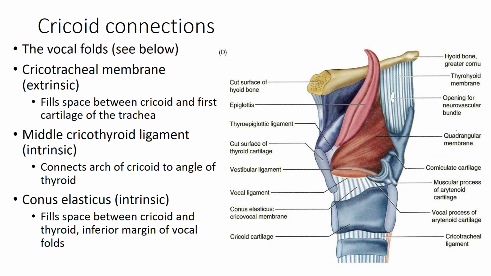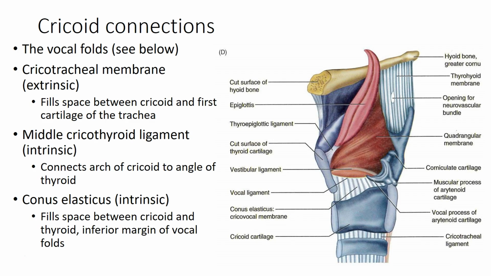Connections of the cricoid to other structures include the vocal folds themselves, and the cricotracheal membrane, which is an extrinsic membrane that fills in the space between the cricoid cartilage and the first cartilage of the trachea. The middle cricothyroid ligament is an intrinsic ligament that connects the arch of the cricoid, the thin part, to the angle of the thyroid and the anterior part of the larynx.